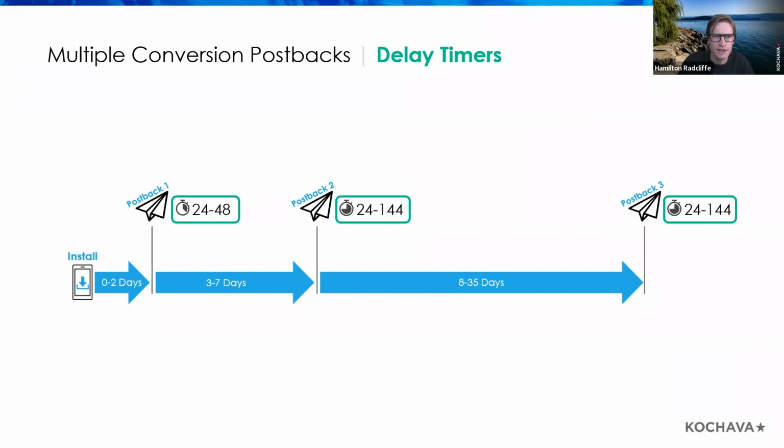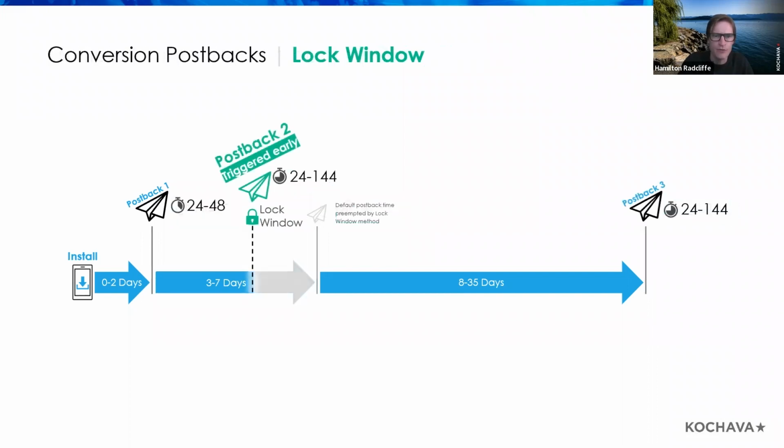In addition, on these multiple conversions, we have the next slide around the lock window. I mentioned this is new functionality to give you configuration around how you get data within the postback windows. In this case, a lock window is applied 5 days after install within that second postback window.